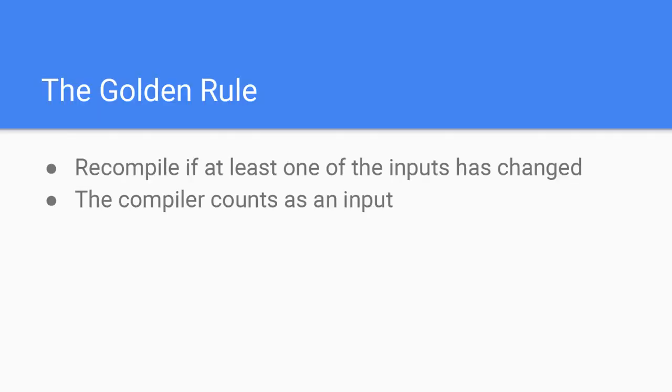Once we have this, we enable the golden rule. The golden rule is: I don't need to redo things unless their inputs have changed. If at least one input has changed, redo the work, do the recompilation.